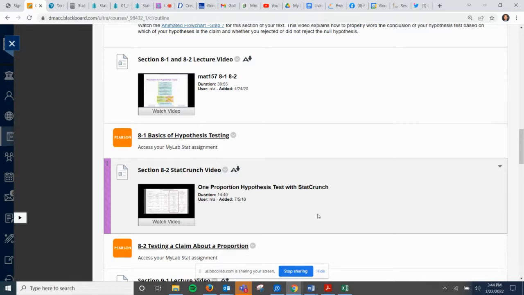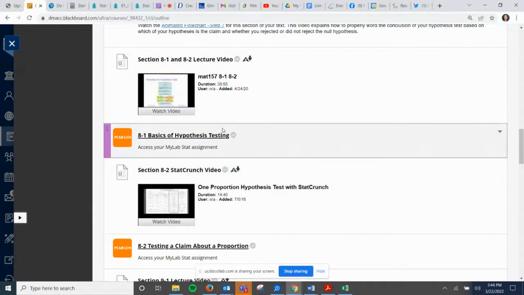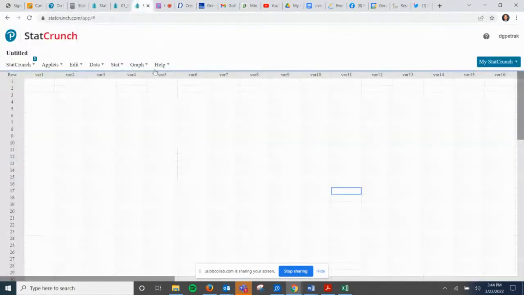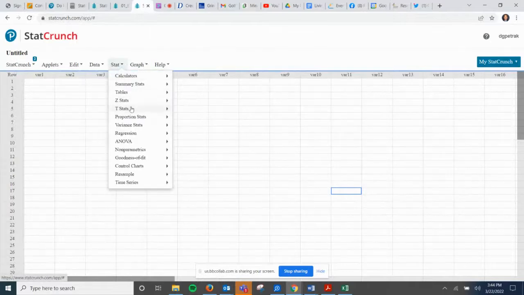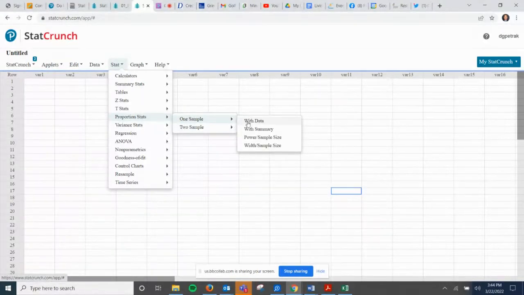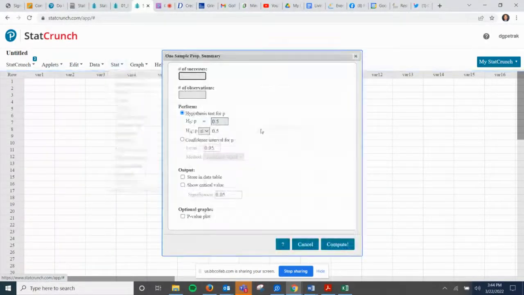So yeah, if you're going to do these in StatCrunch, I'll show that really quick. Again, you can use proportion stats, and next week we're going to be using t-stats with means. But right now, you're pretty much doing proportion stats this whole time. It's either 1 or 2 samples, and pretty much all of them are with summary.